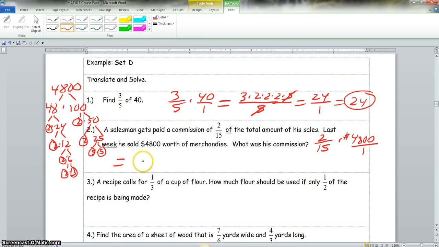Now, when we write this out, first of all, 2 is prime. Now for 4,800, let's look at all these 2's we have. We have 1, 2, 3, 4, 5, 6 2's. So in addition to this first 2, we have 6 more 2's we have to add.